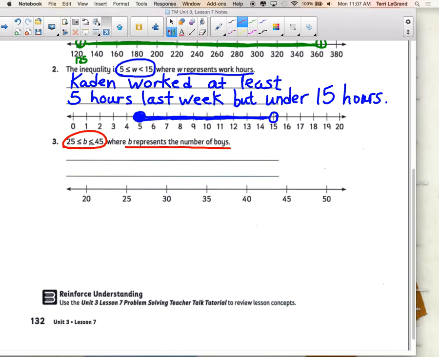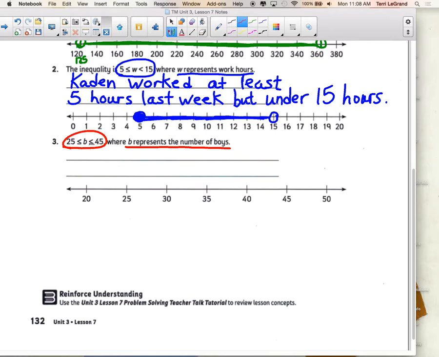There are at least 25 boys in the arena, but under 45. Okay, so he says there are at least 25 boys in the arena, but under 45.